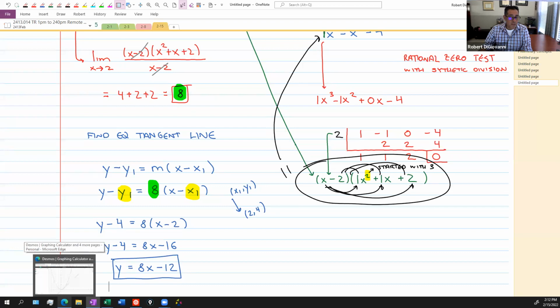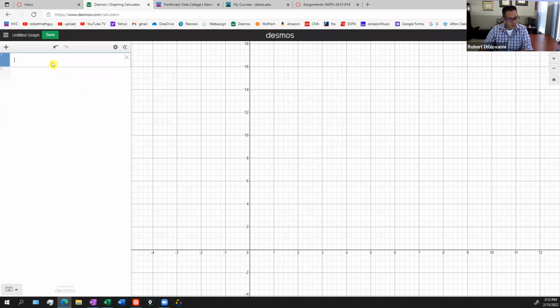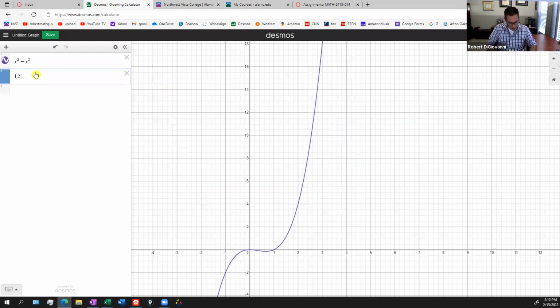I'm going to check my work, and the way I'm going to check my work is to graph this. It was x cubed minus x squared. That was the original graph, yes? We were looking at the point where x was 2, and when we plugged in 2, we got 4.